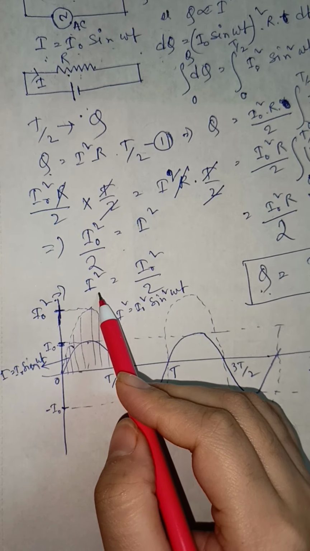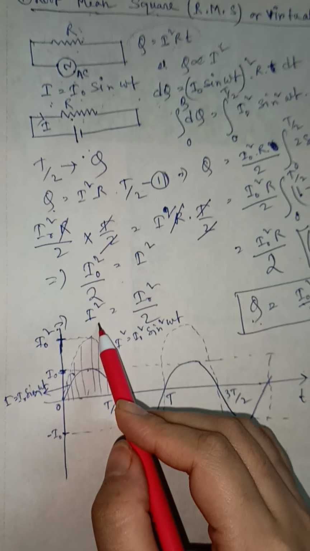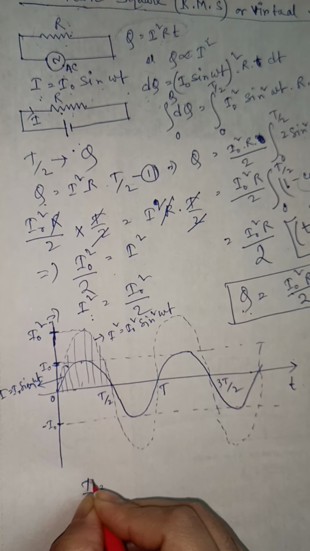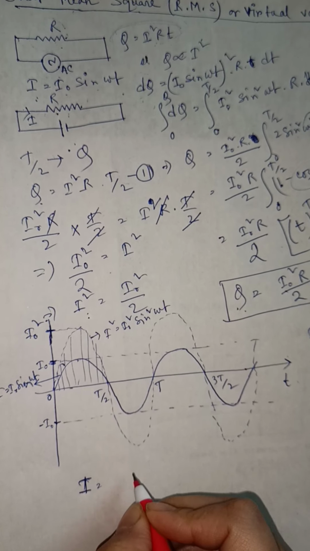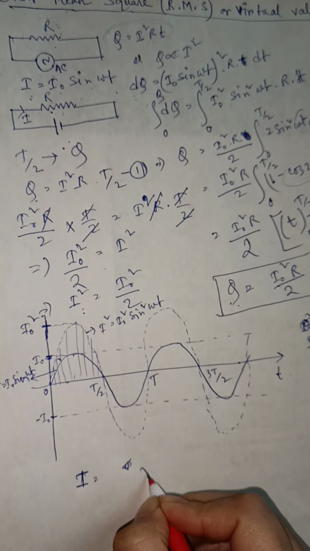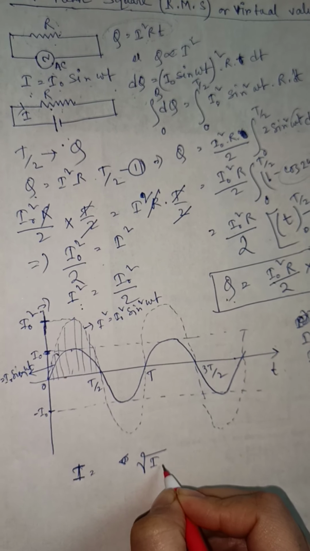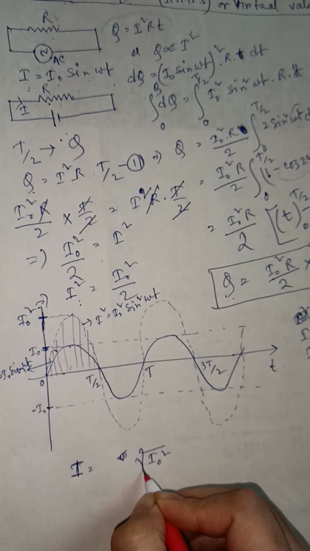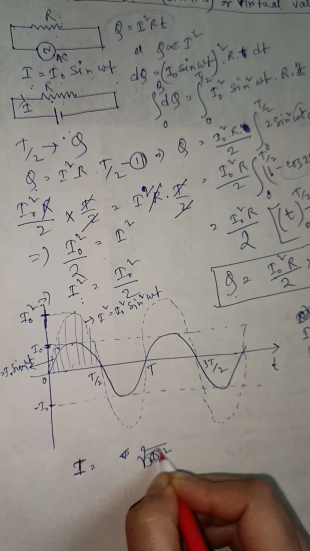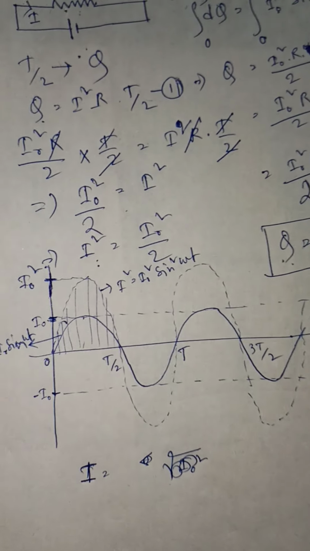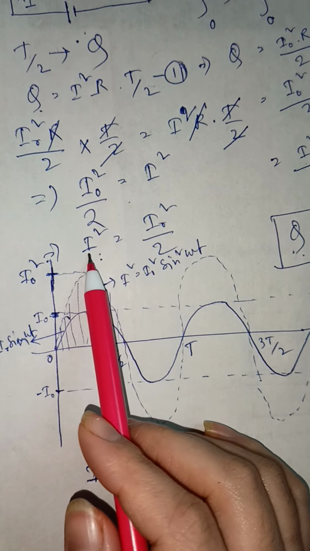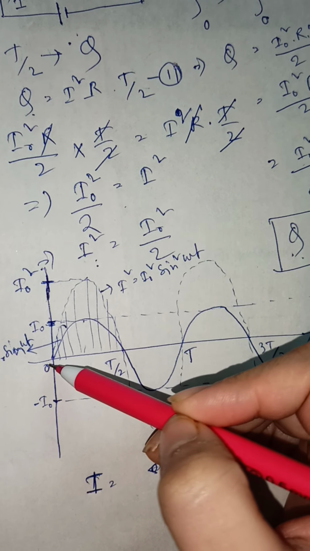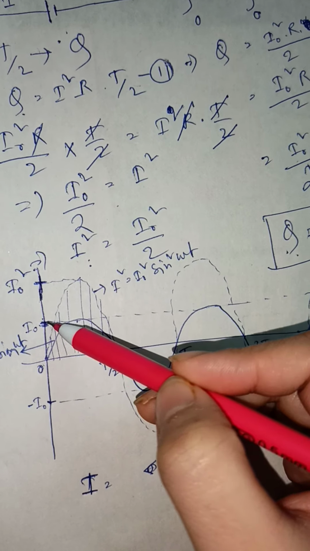So here this I represents, just look here, I equals root over I naught square. So what is I? I is the mean value of I naught square. We know that I is the mean value.